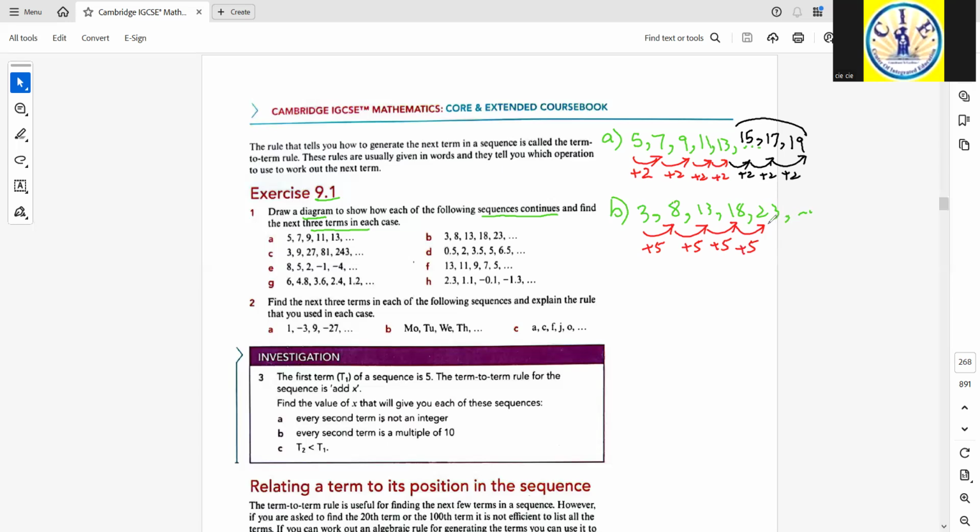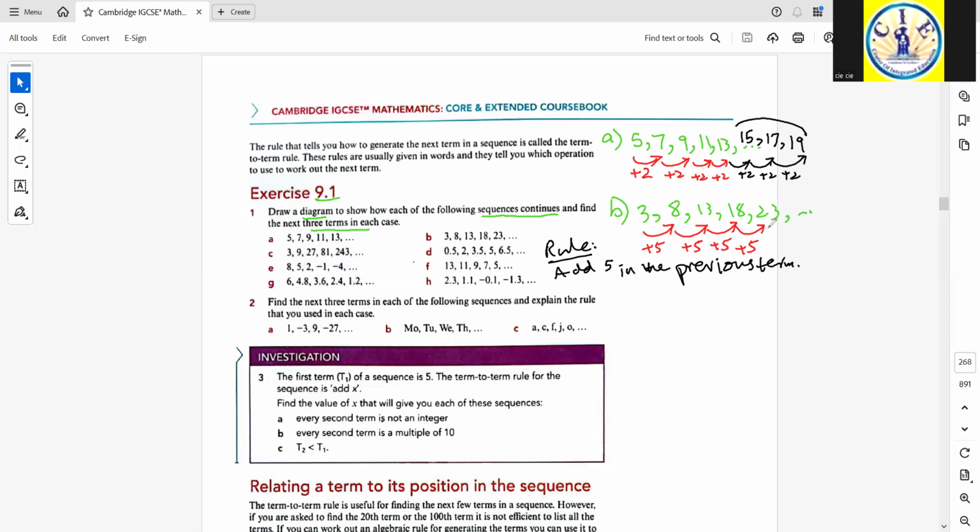In the same way, now we can dig out the term to term rule: add 5 to the previous term to get the next one, obviously.